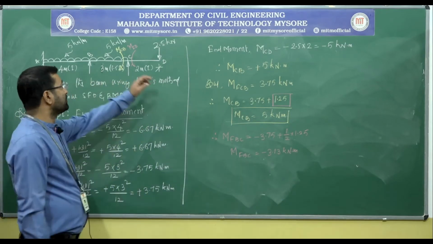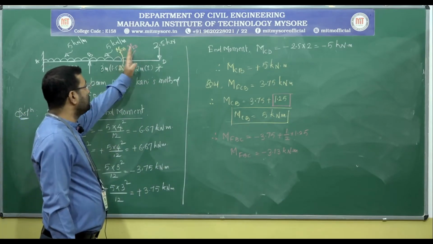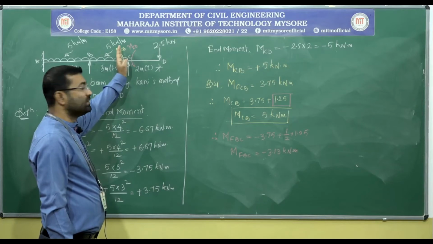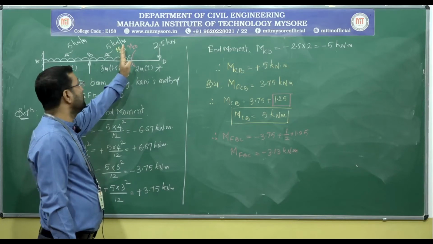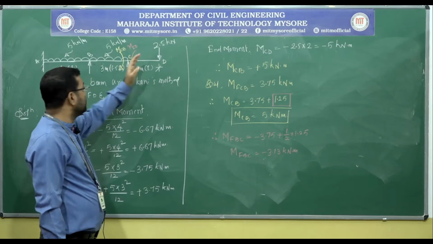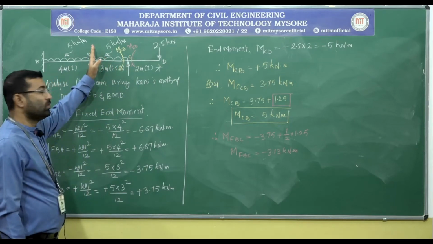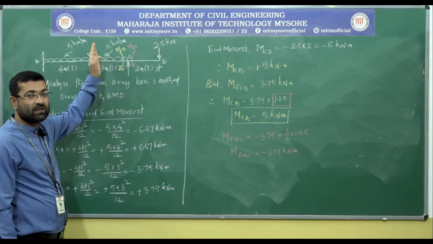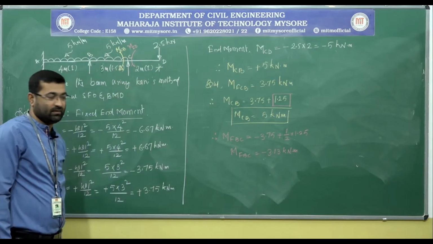Now you can see here we have the end moments at these two locations, that is MCB and MCD, and here we have the modified fixed end moments which we need to use for the further calculations.